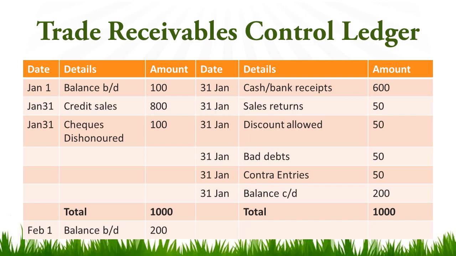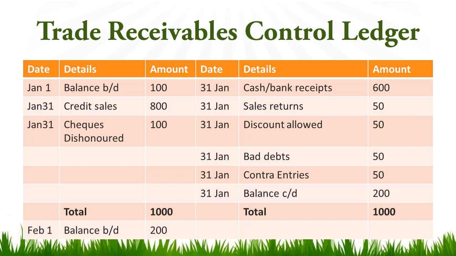In short, all the items which increase the trade receivables of a business are going to appear on the debit side of a control ledger, and all the items which are going to reduce the trade receivables are going to come on the credit side of the trade receivables control ledger.